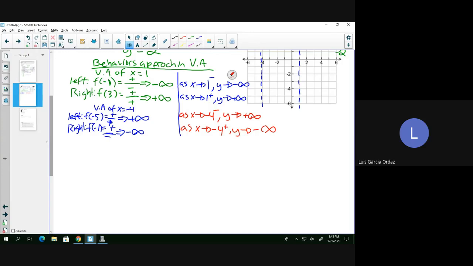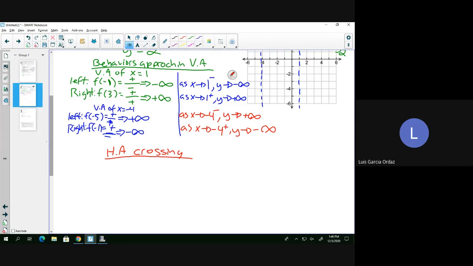Okay, so this is where we're going to determine how this crosses the vertical asymptote, okay? Not the horizontal asymptote, sorry. So we're going to check now for the horizontal asymptote crossing. So this is where we see if the graph crosses our horizontal asymptote of y is equal to 2, okay?